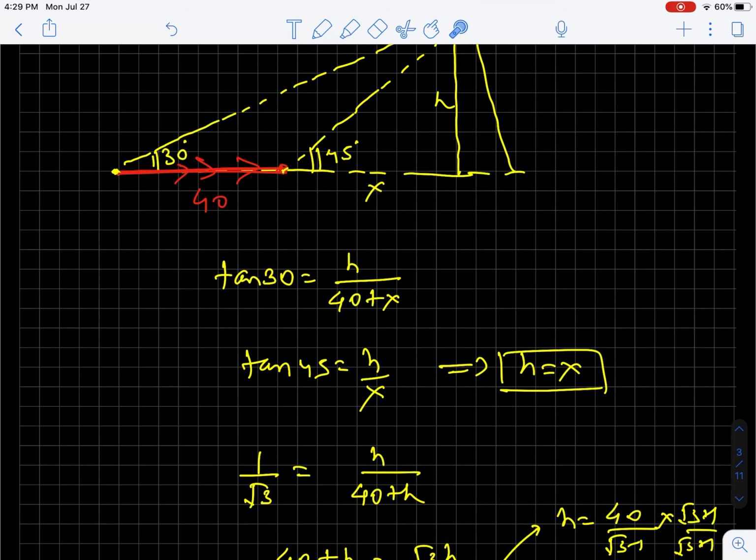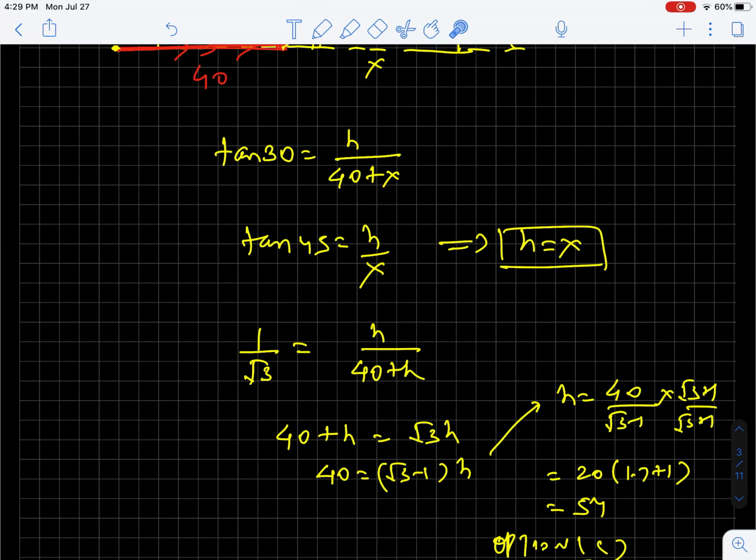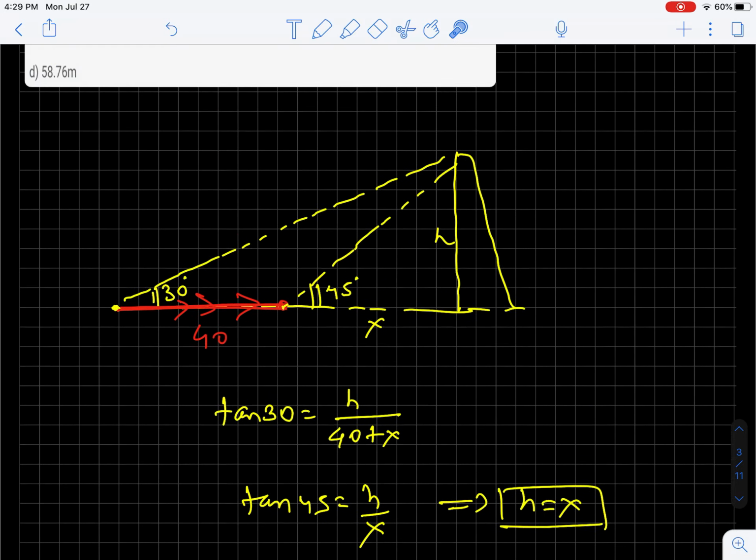h equals x, put x equal to h, then tan 30 is equal to h divided by (40 plus h). h divided by (40 plus h) is equal to 1 by root 3. You can solve: 40 plus h equals root 3 h, and 40 equals (root 3 minus 1) h, h equals this, and if you solve completely, you will get about 54.